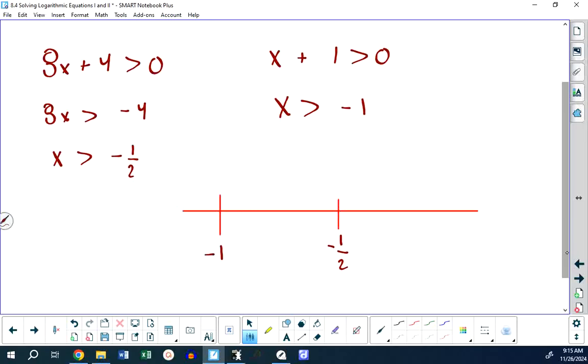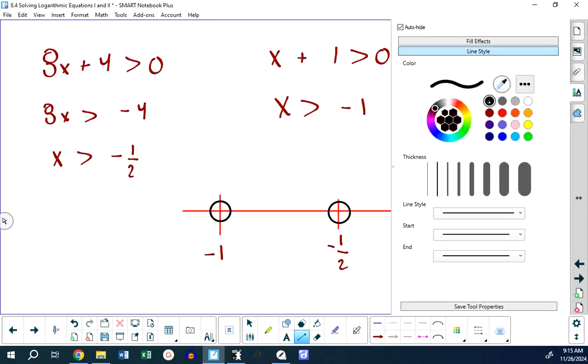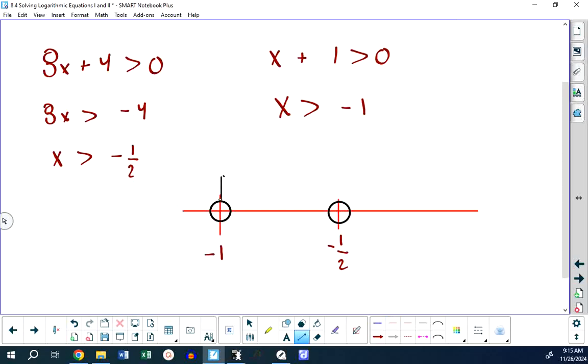And this will be very important, I believe, for the next unit. These two numbers are not allowed because they would make an argument 0. What one domain says is this, and what the other domain says is this. Are you with me?